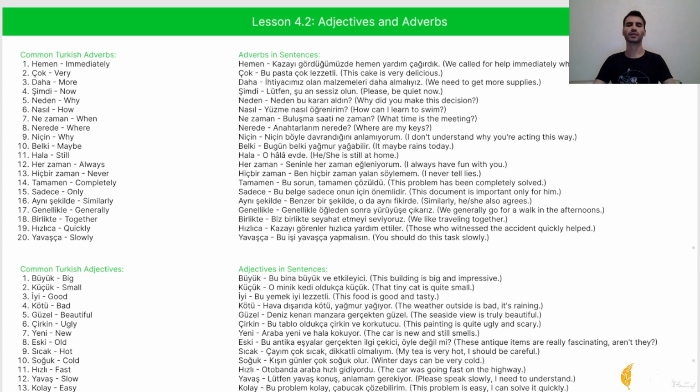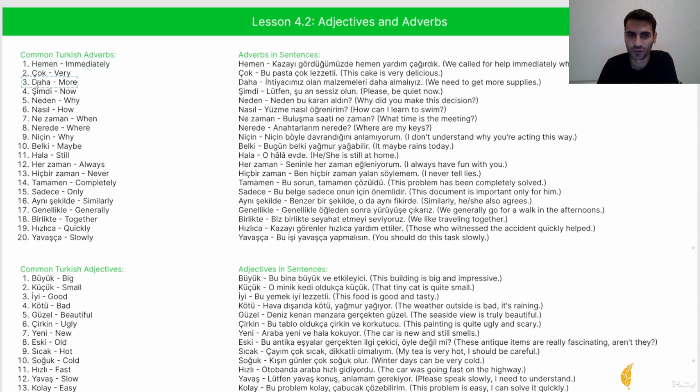Okay. Here are common adjectives and adverbs. We actually don't need to know what is an adjective, what is an adverb to be able to talk Turkish. We just need to know what they are. I mean, what is hemen?